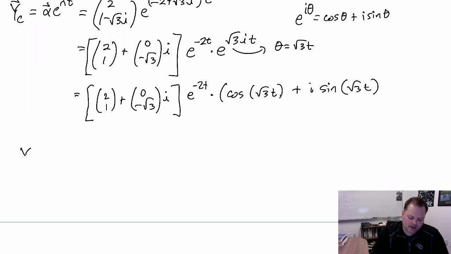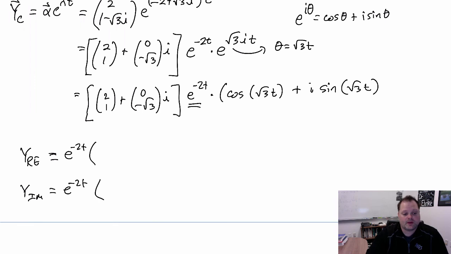I can tell you, okay, here's the real part. The real part is, well, all of these are going to be multiplied by e to the negative 2t, right? So you might as well just put that out in front of both the real and imaginary parts. It's going to be part of both. Okay, so let's ignore that term for a second because it's going to be on all of them, and let's look for the real part.